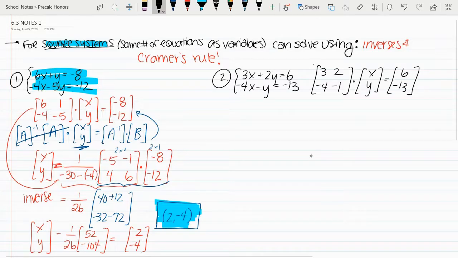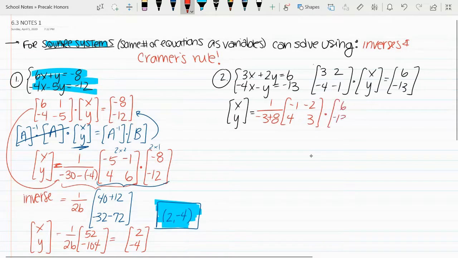So to solve this, my answer matrix would be A inverse, so 1 over -3 plus 8, times my constants, those answers. So we'll get 1/5 here.